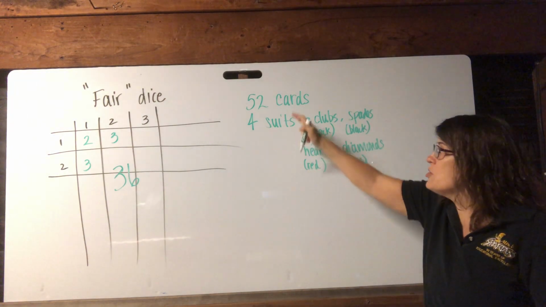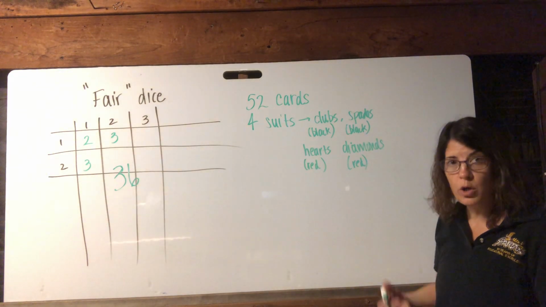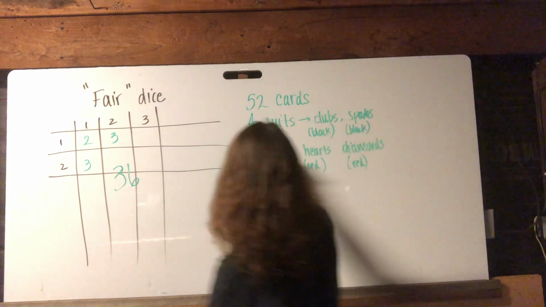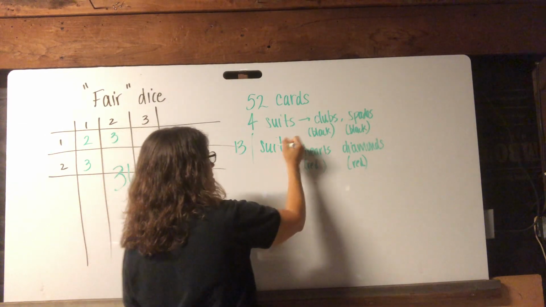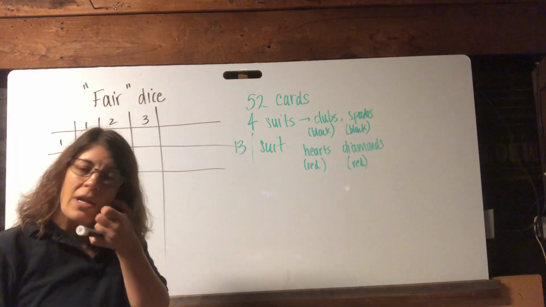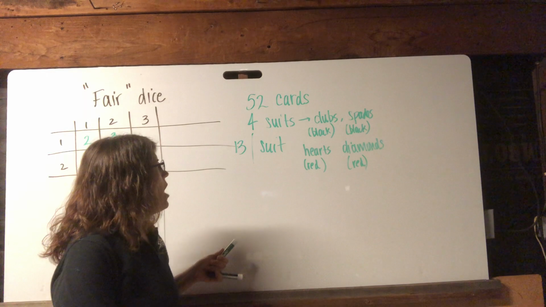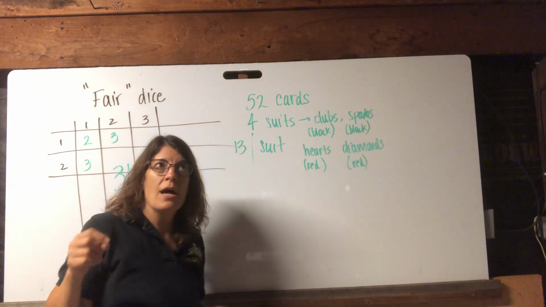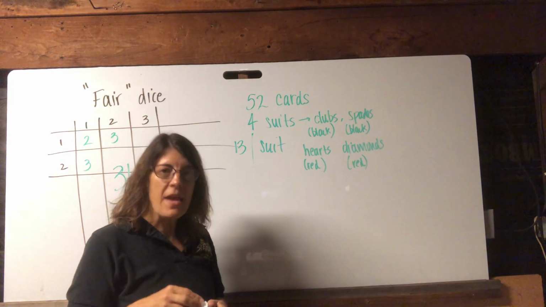If there are 52 cards, 4 suits, there are 13 cards per suit. Okay? 13 per suit. We're not going to talk about jokers. Forget the jokers. All right. There are 3 cards that we call face cards.